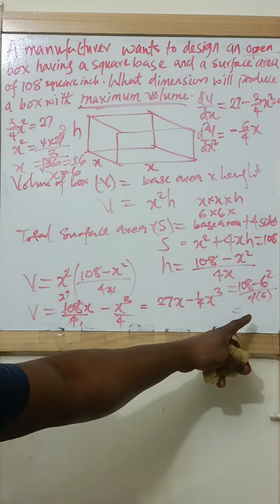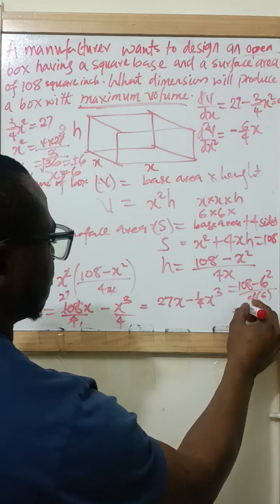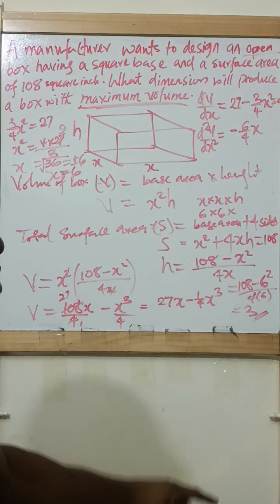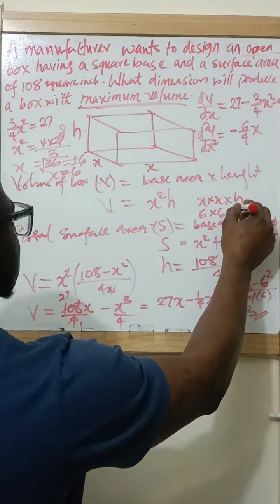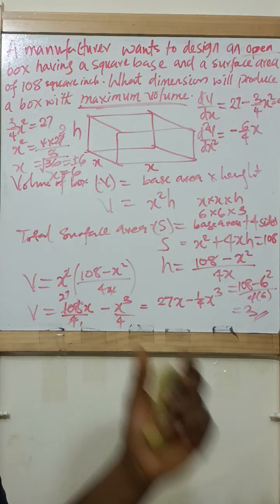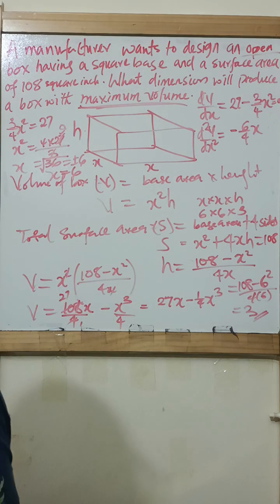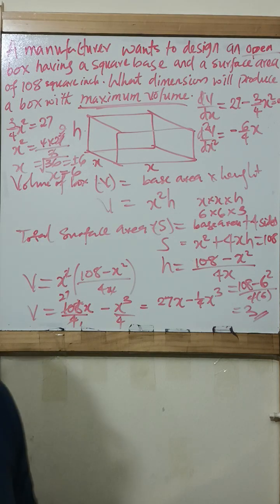From here, we get 3. So h equals 3. Because it is 3 here, this is going to be 6 times 6 times 3. So that will be the dimension of that particular box, which will give us the maximum volume. Okay, so that's it.